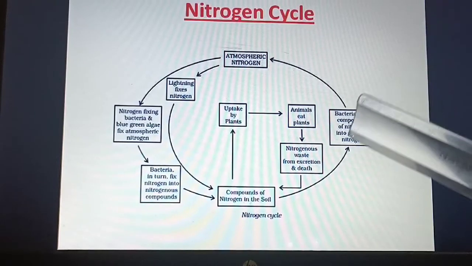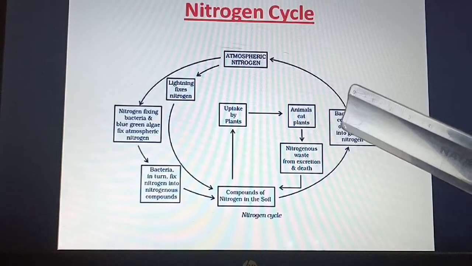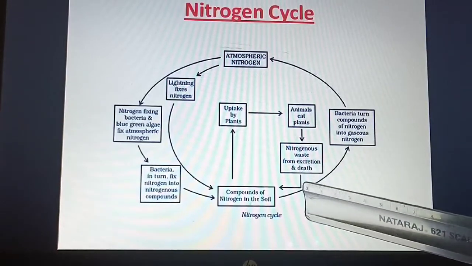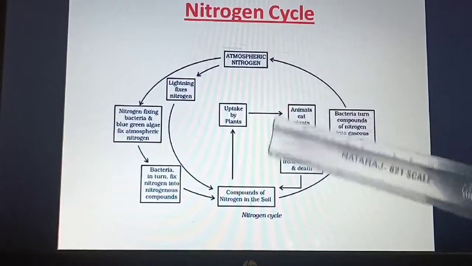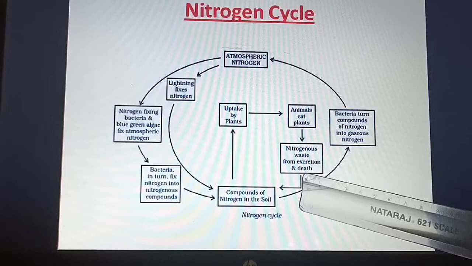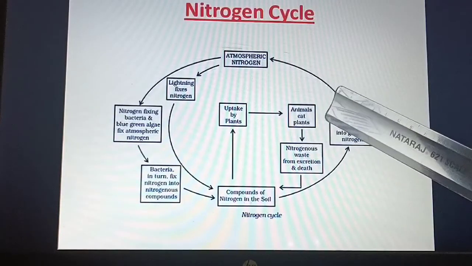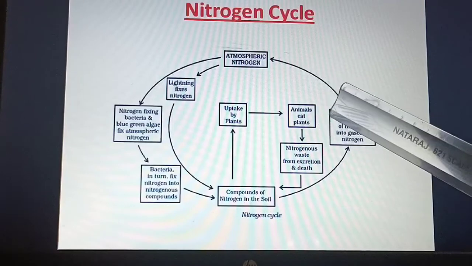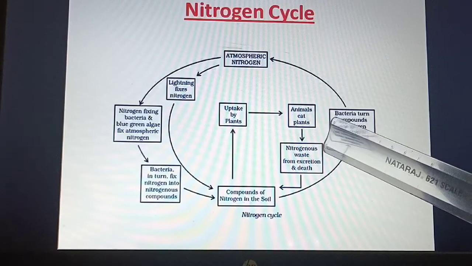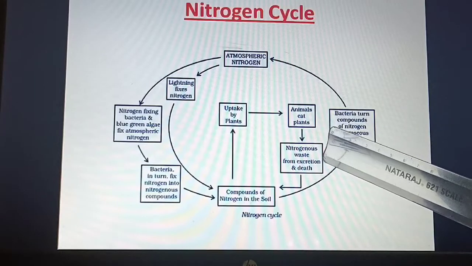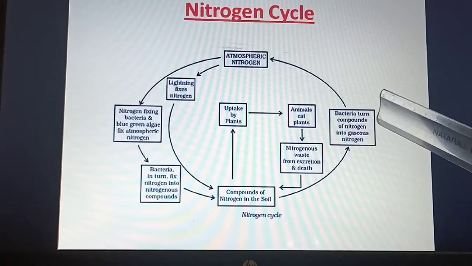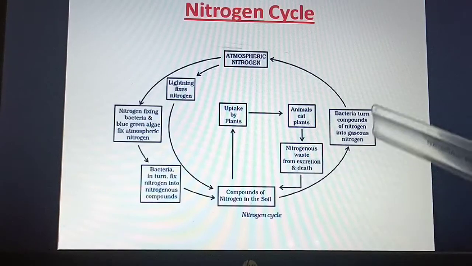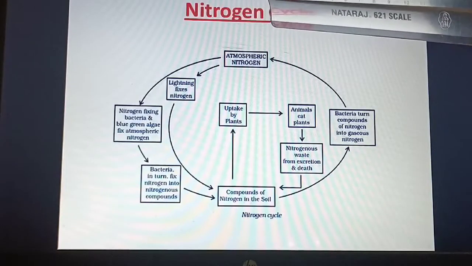Now the same thing which I explained, through the nitrogen cycle. The compounds of nitrogen are present in the soil. Plants take up this nitrogen, and the animals eat these plants. Then the nitrogenous waste is converted into nitrogenous compounds. Then other bacteria turn compounds of nitrogen into gaseous nitrogen again, which goes to the atmosphere.